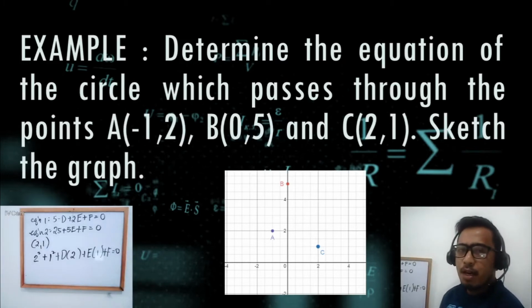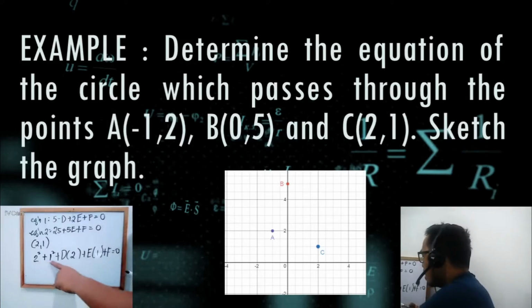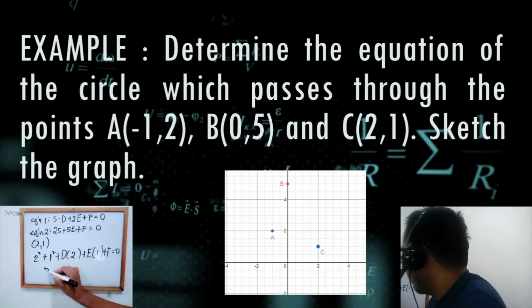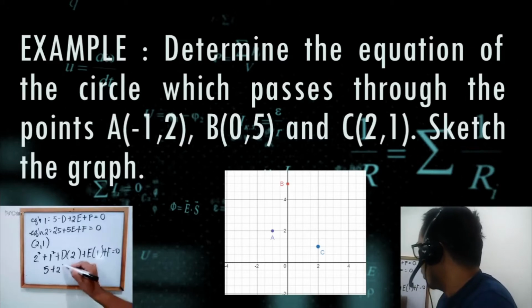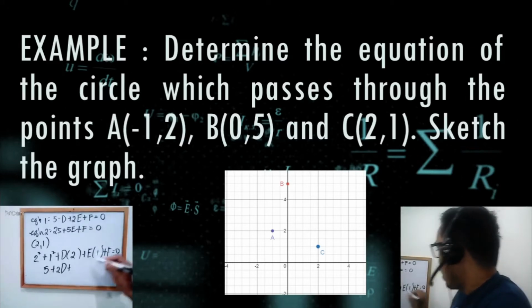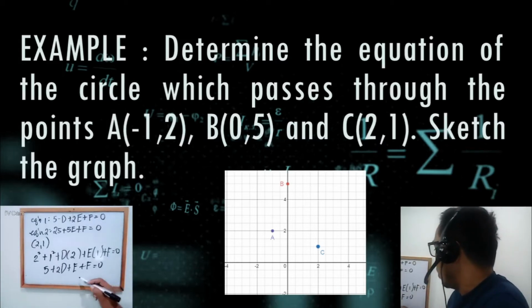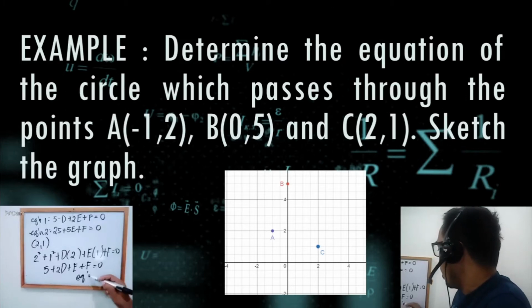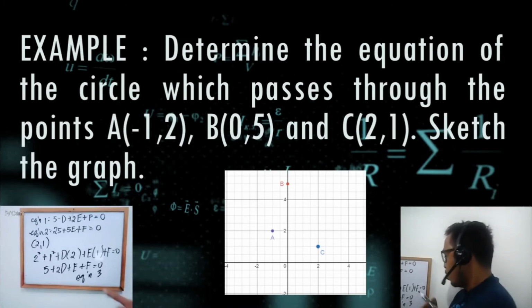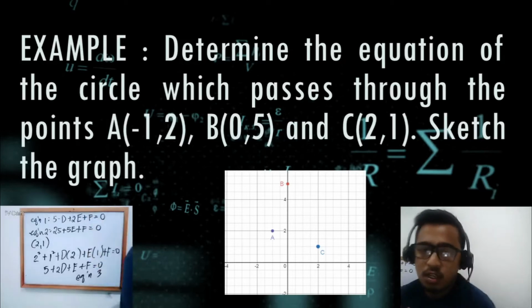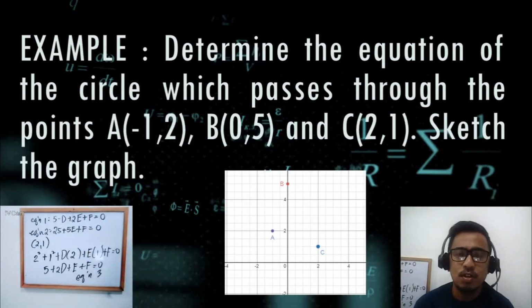Then simplify, so you will have here 4 plus 1, so you have now 5, plus 2D, plus E times 1 is just E, plus F equal to 0. And we will label it as equation number 3. We have now 3 equations having 3 unknowns. So we will be solving for the values of D, E, and F.